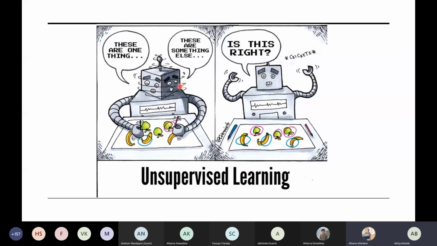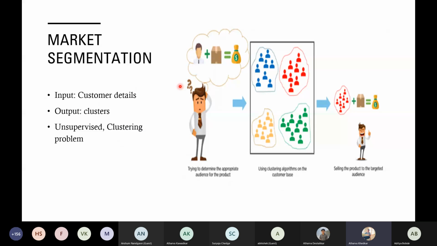I muted everyone. Like the previous example that Aditya showed, could you just go to the previous slide, Aditya? So this man is Jeff Bezos, and in between is his Amazon. What Amazon is trying to do is separate out the people: let's say these people bought a table, so let's show them some fans.